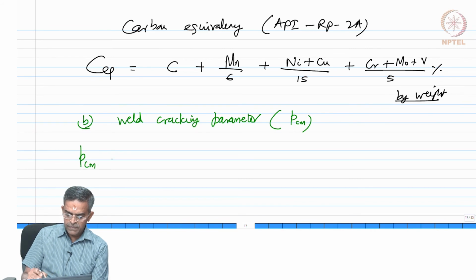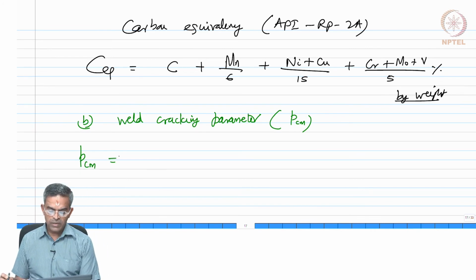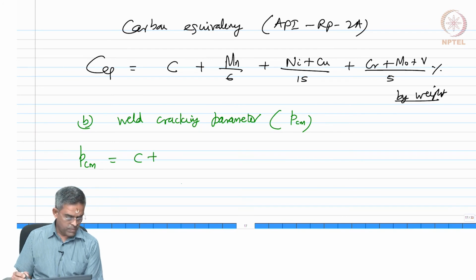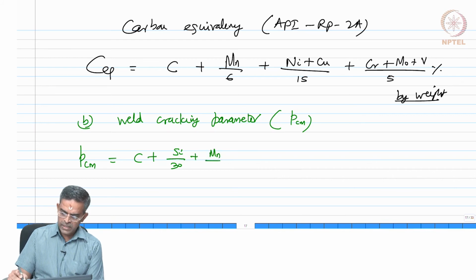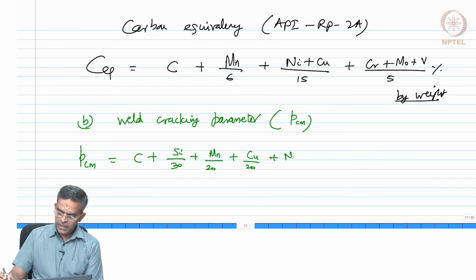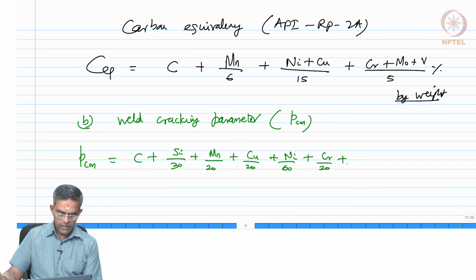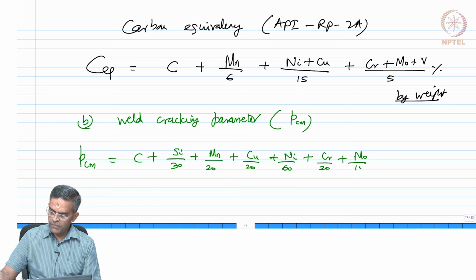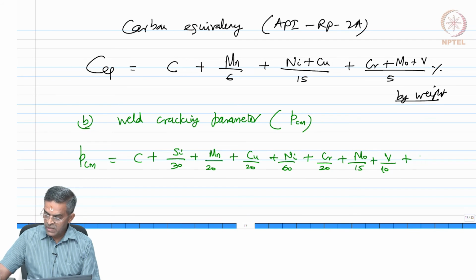PCM can be obtained from the chemical composition relationship as you see here: carbon plus silicon by 30 plus manganese by 20 plus copper by 20 plus nickel by 60 plus chromium by 20 plus molybdenum by 15 plus vanadium by 10 plus 5 times B, where B is the boron. This is all again in percentage. Okay.